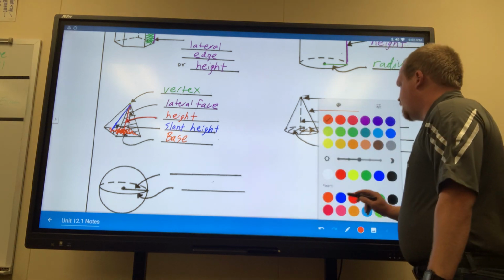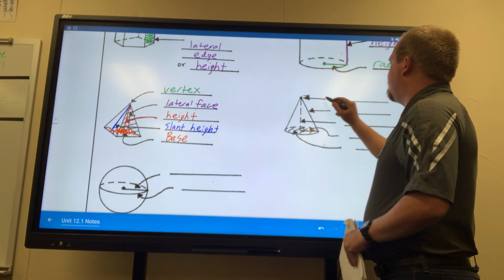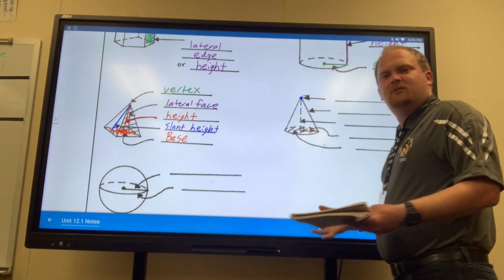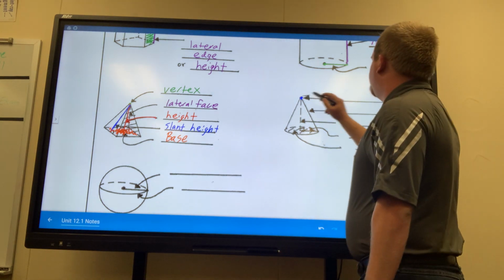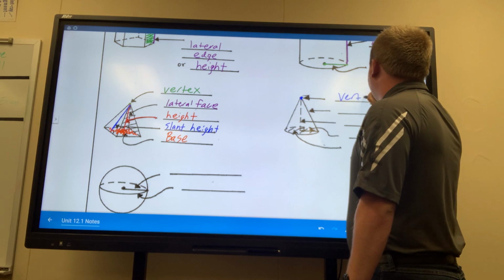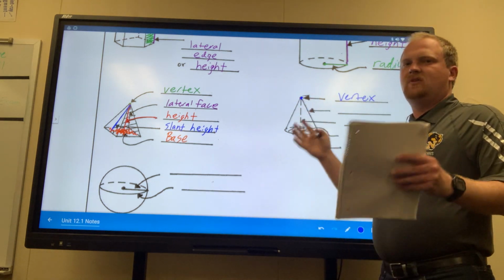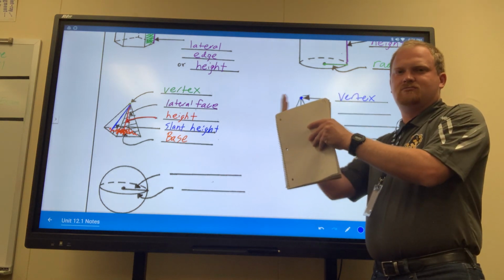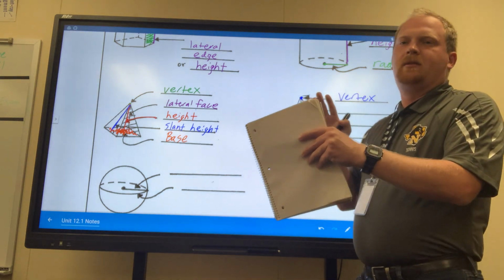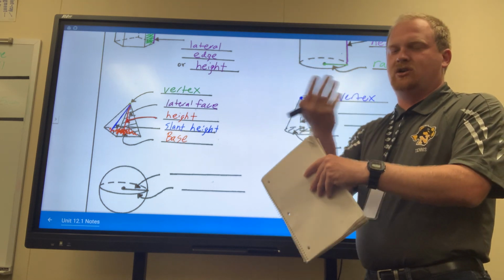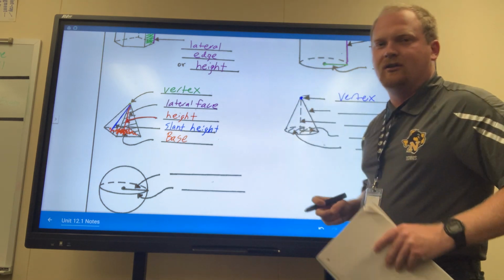Now, again, this little point right here on the cone shouldn't be any different. This point is the vertex. While typically it doesn't have a distinct edge, it's pretty much an edge all the way around, making that little point.